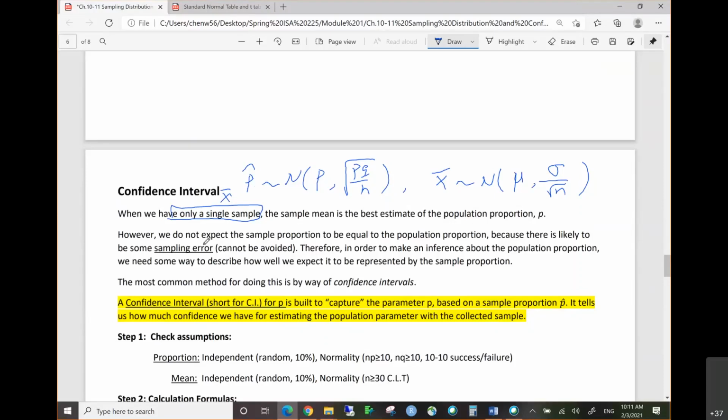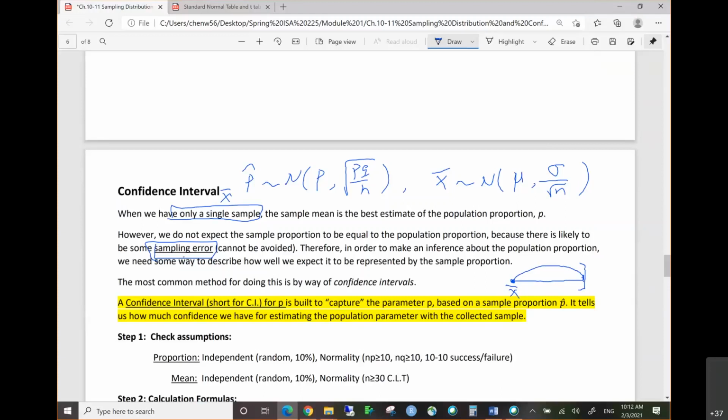There will be something we call the sampling error, because based on different samples, we have different sample means, but the population mean is already fixed. So you cannot say that the sample mean just equals the population mean. So once we have one sample mean, we want to give a distance or add a kind of sampling error to get the upper bound of the population mean.